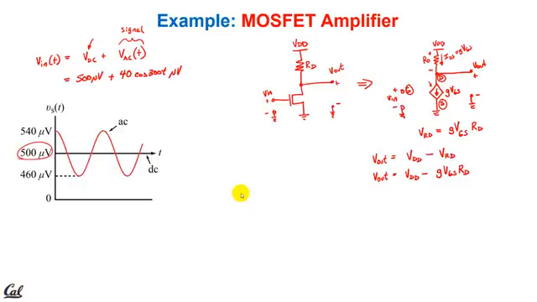But if I do this, then the output we calculated would be VDD minus G times RD times this 500 microvolts plus 40 cosine 300t. And then let's pick some round numbers.